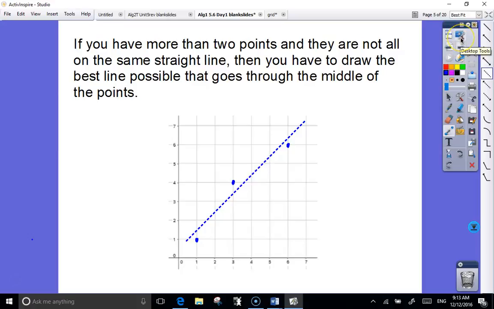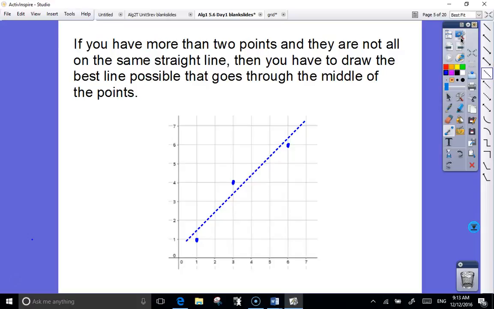So if you have more than two points and they're not all on the same straight line, you're going to have to draw the best line you can. We still want to use a straight line, but we're going to have to draw it so that it doesn't necessarily touch any of the points, but it looks like it's right in the middle of those points.